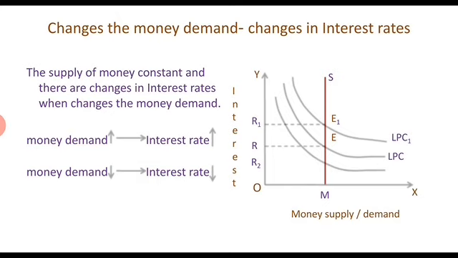If the money demand decreases, the money demand curve is formed as LPC2. The new money demand curve LPC2 and money supply curve MS intersect at E2. The rate of interest decreases from OR to OR2.